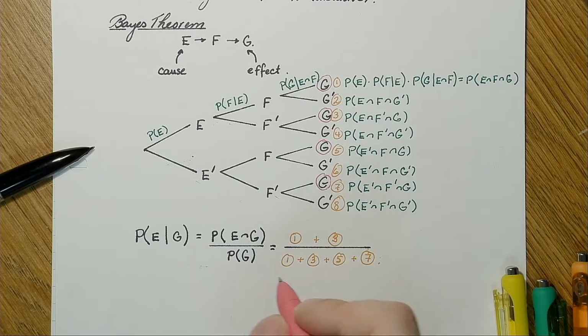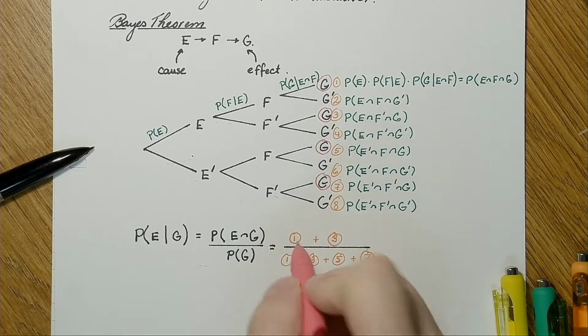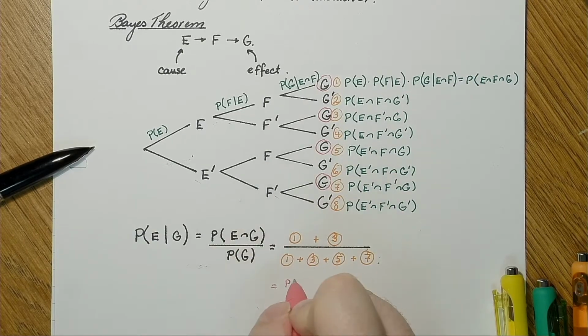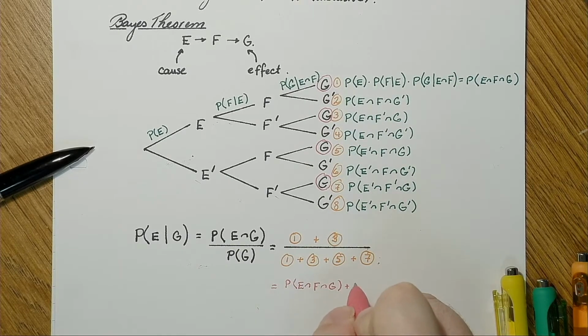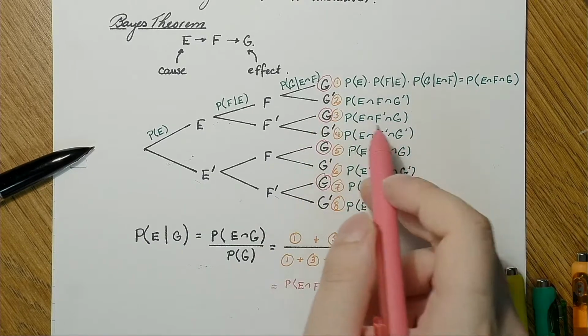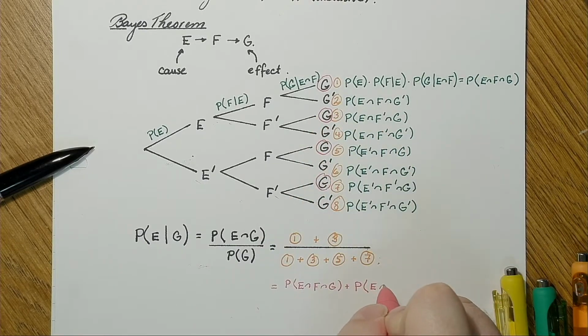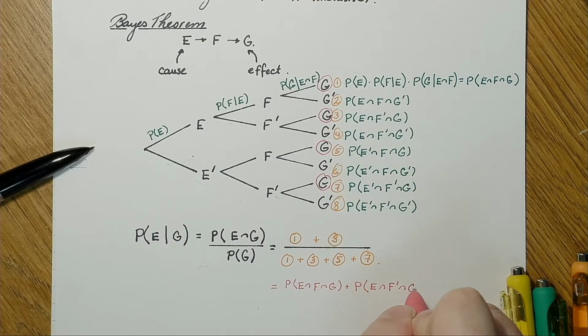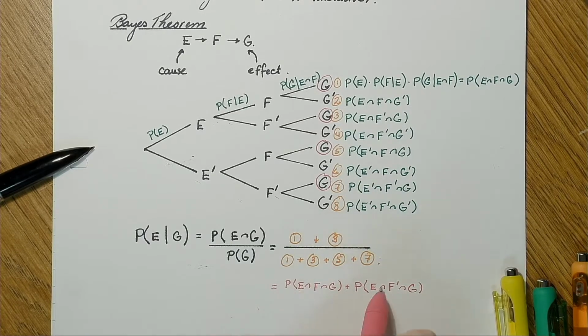So again, we could write this out in full. This would be the probability of branch 1, which is E and F and G, plus the probability of branch 3, which is E and F prime and G. So again, E and G, but there are the two cases where you have F and F prime.